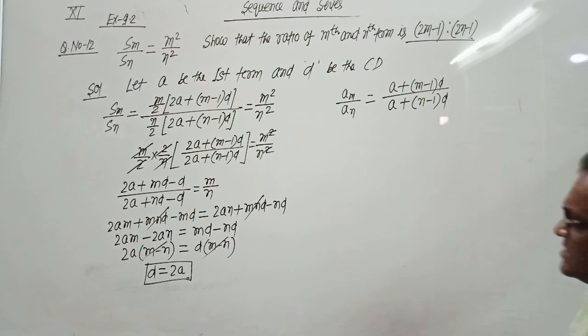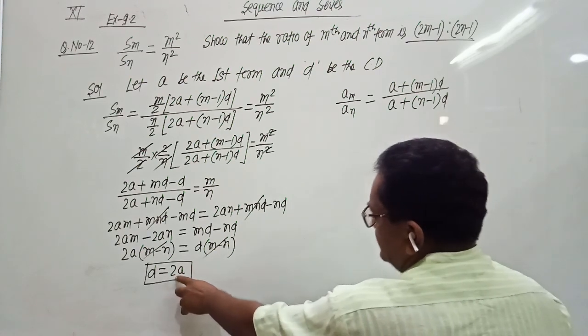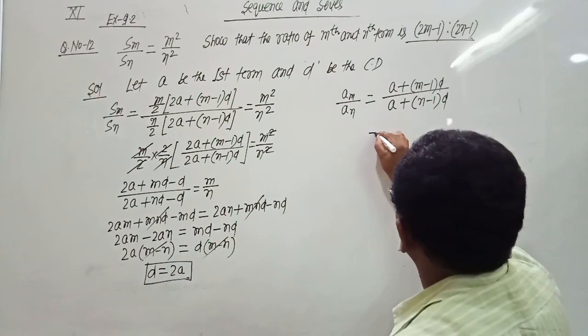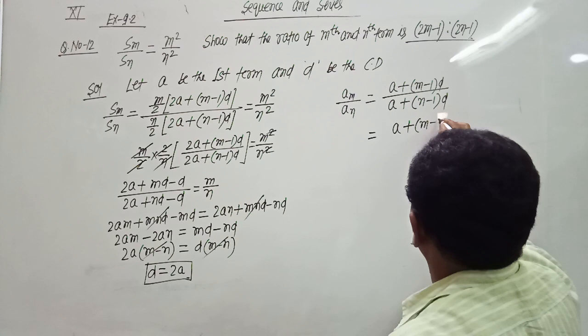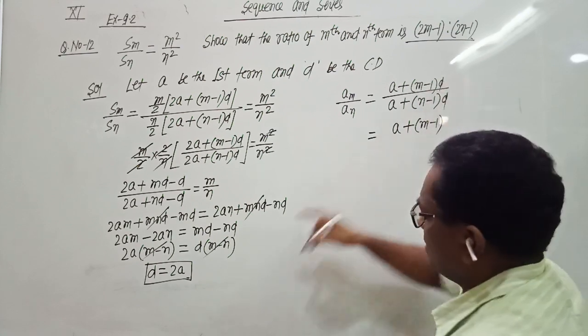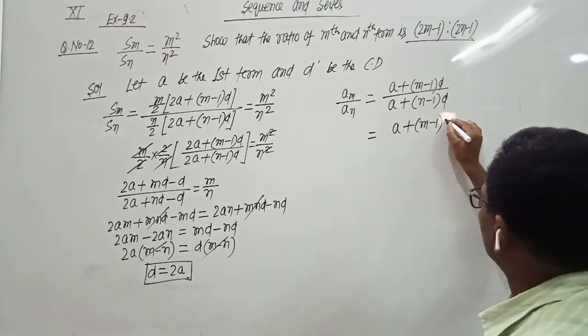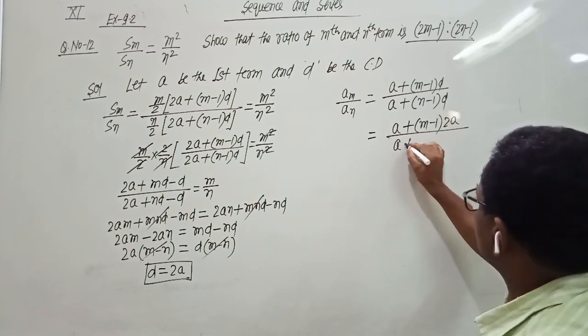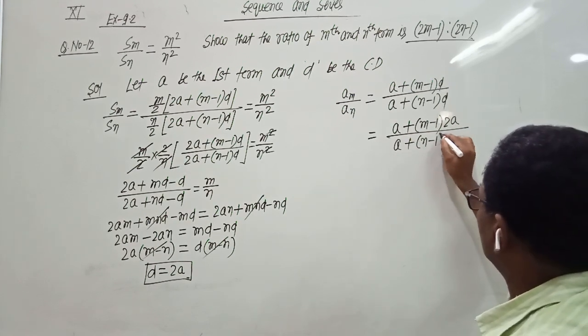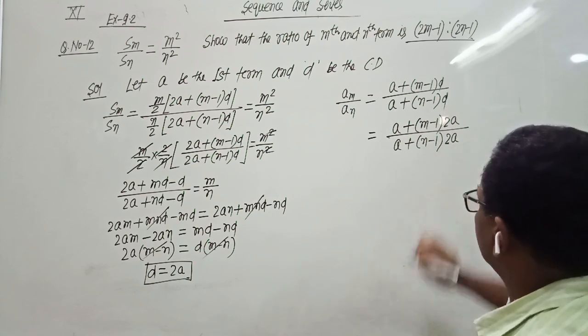At the place of d, we put 2a. So a plus m minus 1 into 2a upon a plus n minus 1 into 2a.